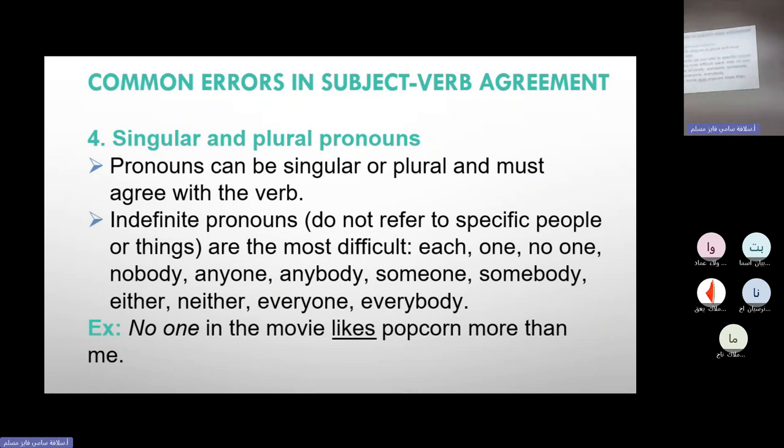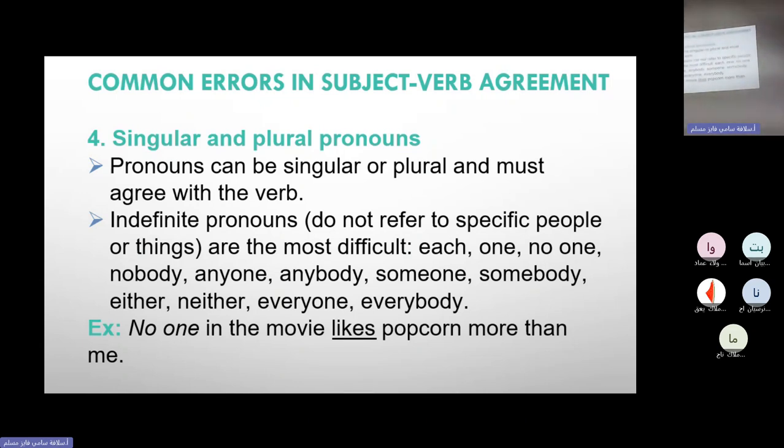They are the most difficult to correct. Okay. So what are the indefinite pronouns? Each, one, no one, nobody, anyone, anybody, someone, somebody, either, neither, everyone, and everybody. These are singular. Okay?